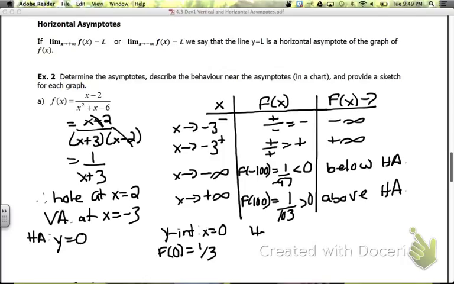And looking at our hole at x equals 2, f at 2 is going to be equal to 1/5. So now we can use all of these values, using your asymptotes, your behaviors, and your specific points here, and we can go ahead and sketch this.